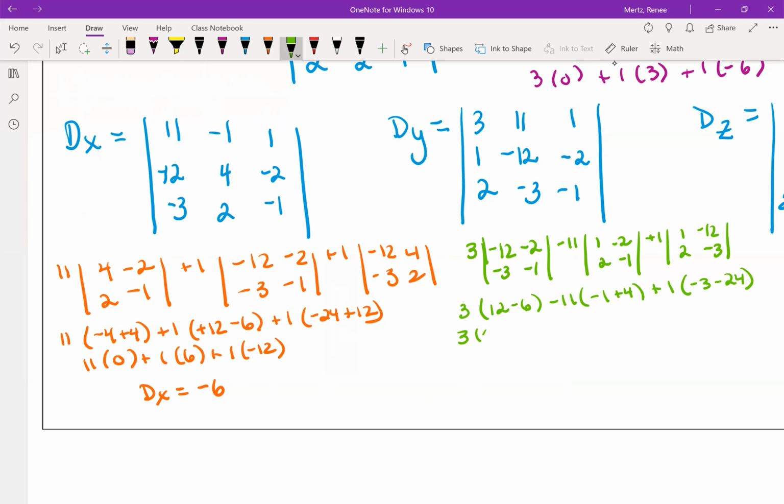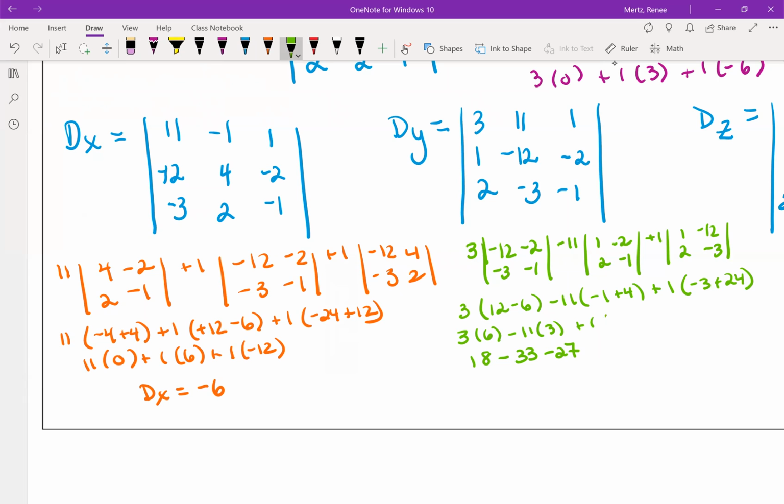So I have 3 times 6 minus 11 times 3 plus 1 times negative 27, which is 18 minus 33 minus 27. Sorry, it was negative 3 plus 24, making this a 21.